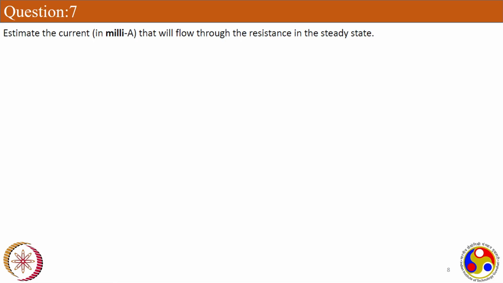At steady state, the electromagnetic force equation would be F equal to B I L. Now B we know, L we know, and I we need to calculate. So the current would be F divided by B multiplied by L. F was given how much? It is 100 millinewtons.